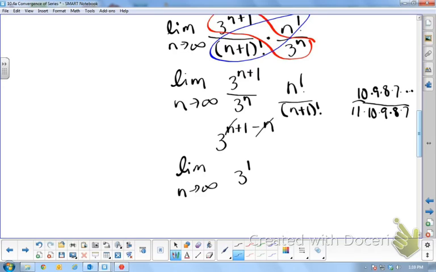What's going to happen? Everything but the 11 canceled. So what's going to cancel on our factorial over here? What's going to be left? n plus 1. We're going to leave n factorial.